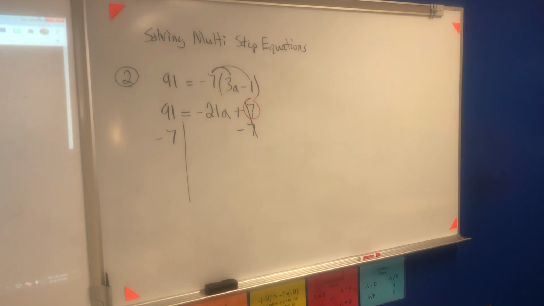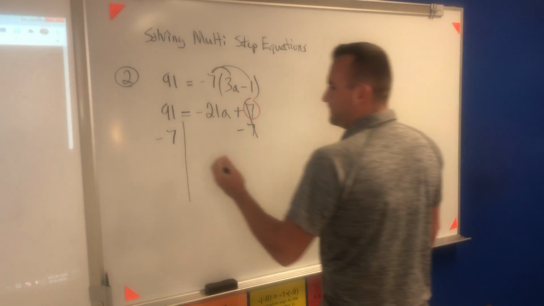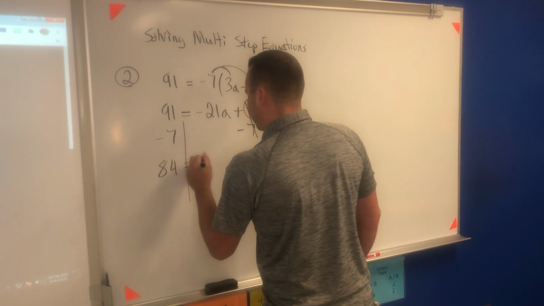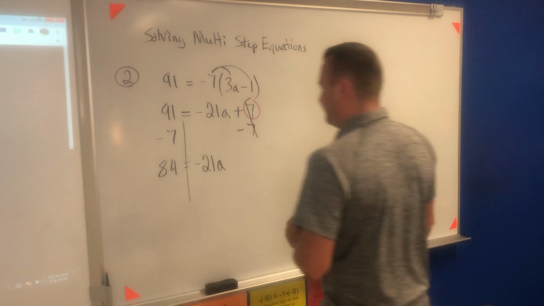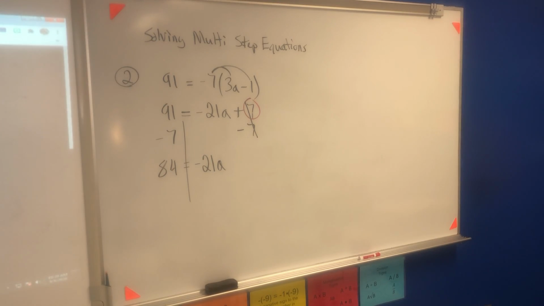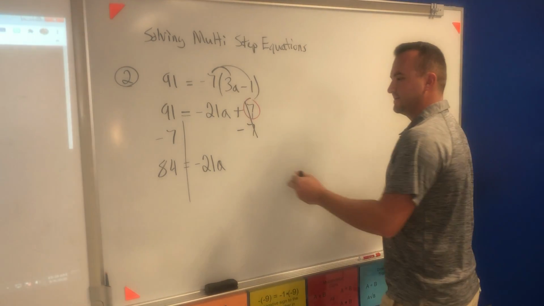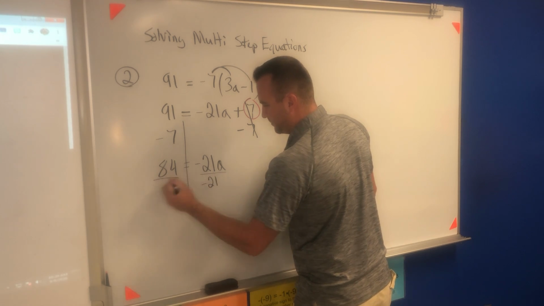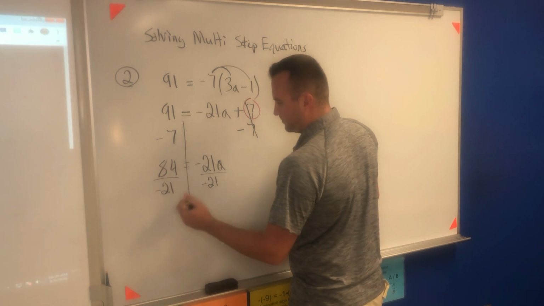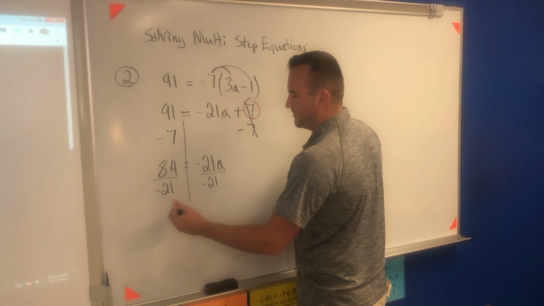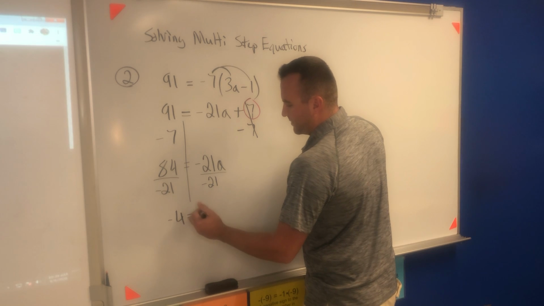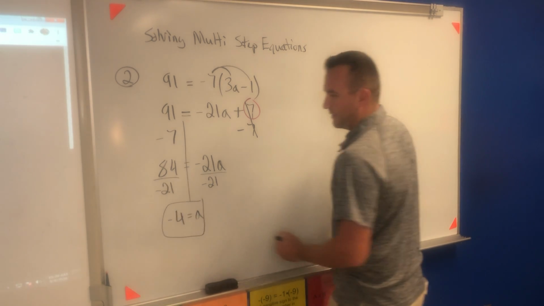So I've got 91 minus 7 is going to be 84, is equal to -21a. -21 and a, when they're together like this, they are multiplying. So we divide. 84 divided by -21 is -4 is equal to a. And that would be our answer.